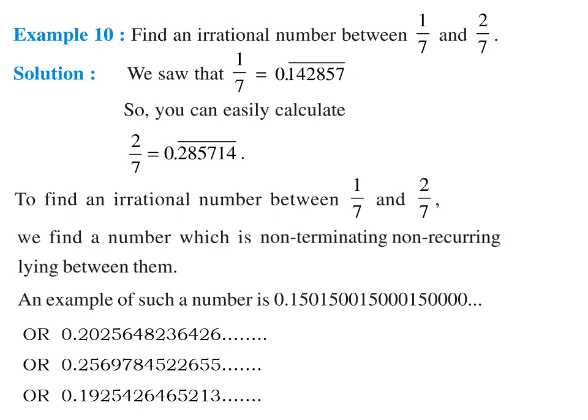The first two digits of the number should be greater than 14, and less than 28, after the decimal point. So just remember the first two digits, and afterwards you can write any digits, but do not write any pattern like 6666. That cannot be written in this question. This is the way you can find an irrational number between two rational numbers.